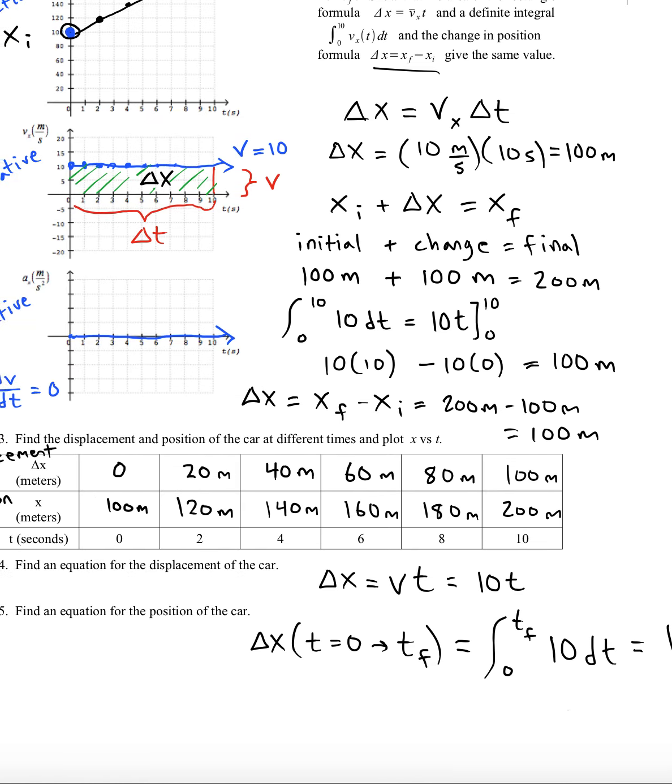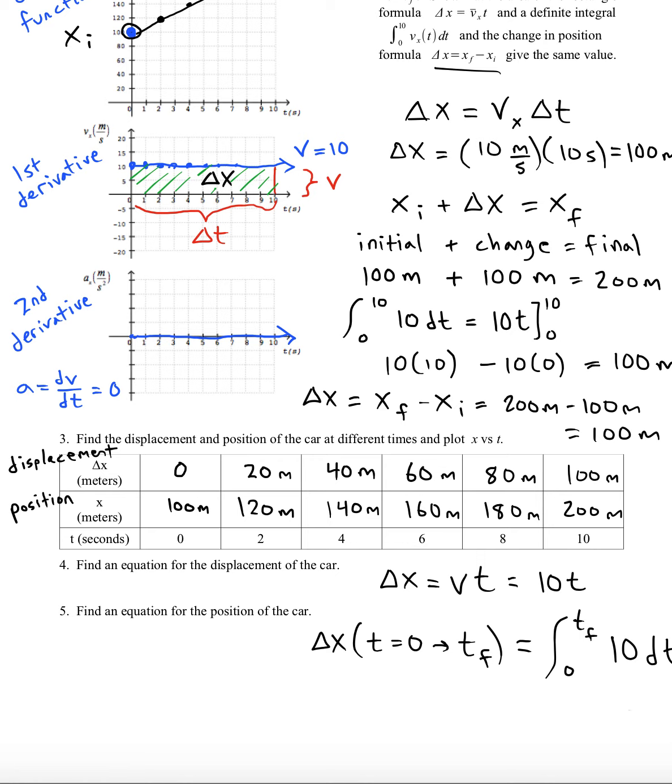But now let's find an equation for the position of the car. That's not delta x, that's x. And this time, we're not going to do a definite integral. We're going to do an indefinite integral. So 10's antiderivative will be 10t.